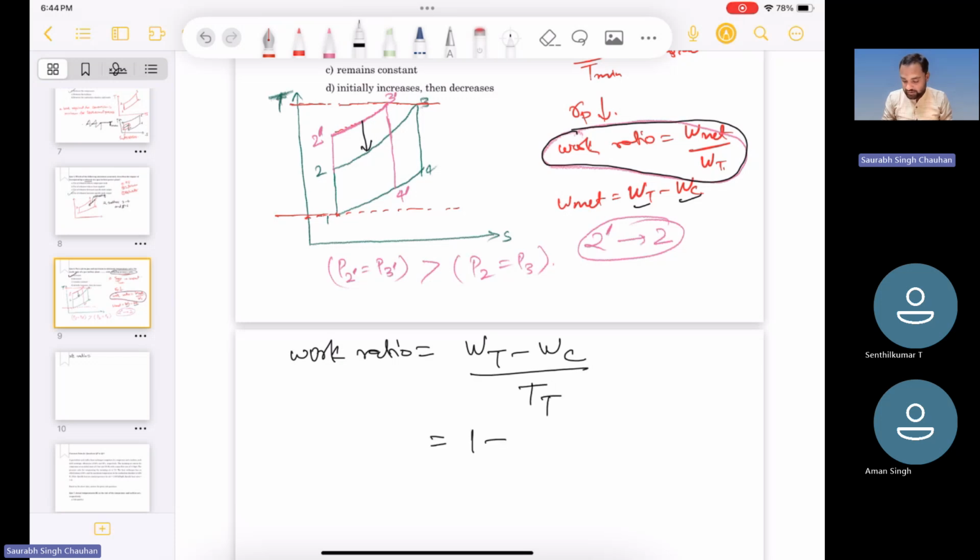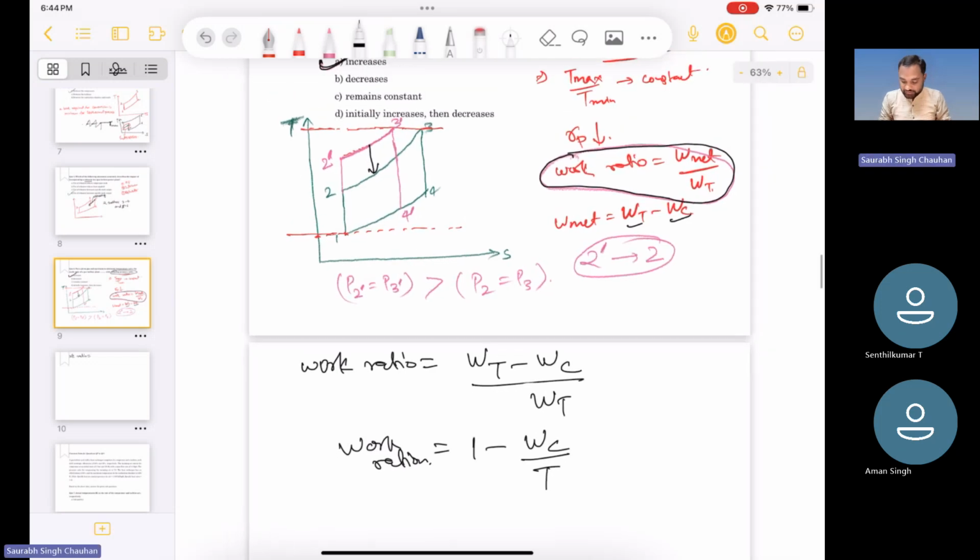So it is 1 minus compression work divided by turbine work, right? In this case, you can see the change in compression work is more as compared to change in turbine work.